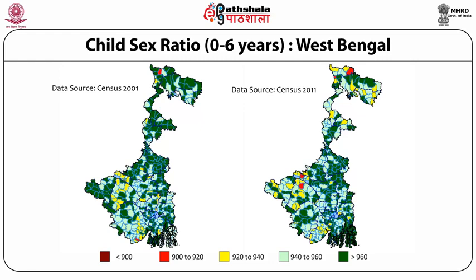Though we have large numbers of sub-districts which are above 950, 960, we are also seeing more yellowing, which is 920 to 940, which means between 1 to 3% of girls being eliminated. And we see contiguous areas. So that suggests what we are seeing are real things and not random distribution.